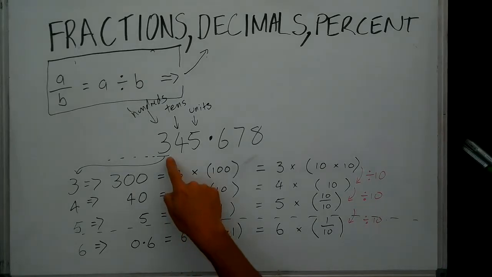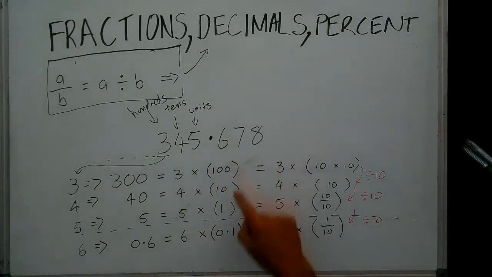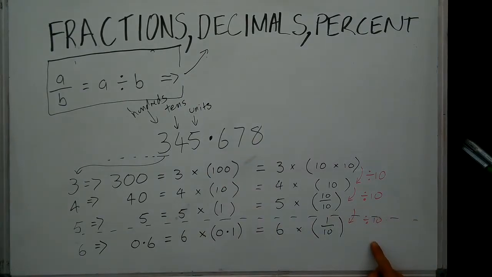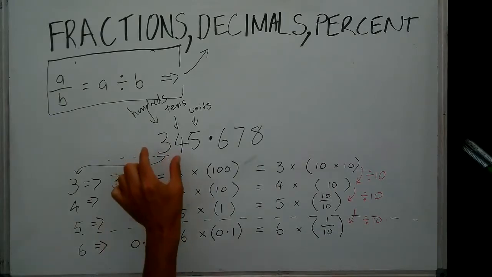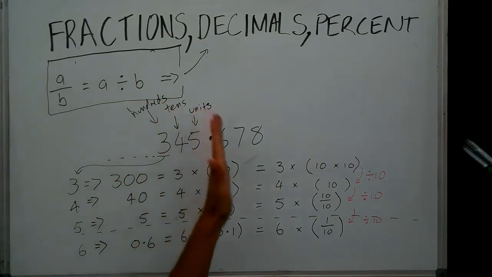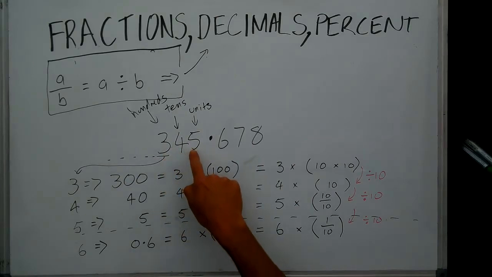So each time we go one step in this direction, we're essentially dividing by 10. So we've got the symbol that represents how many of those, depending on what column it is, how many we've got. So we've got hundreds, tens, units.